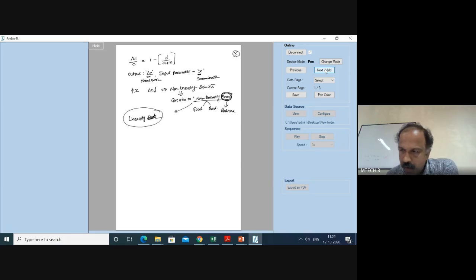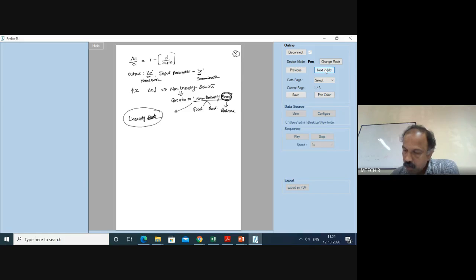What is the problem now? The output delta C is inversely proportional to X. That is, the change in capacitance delta C is non-linear to the displacement X. So this non-linearity has to be reduced.